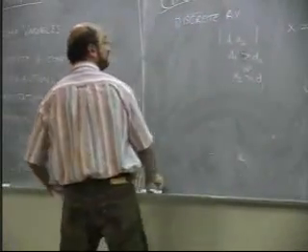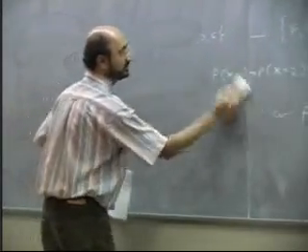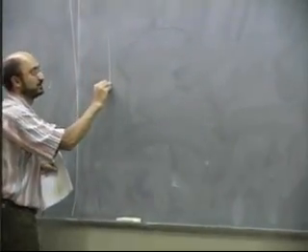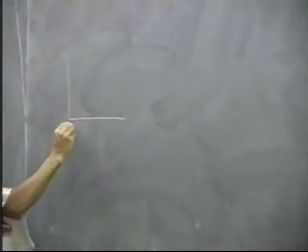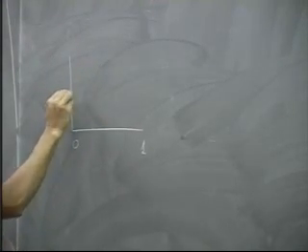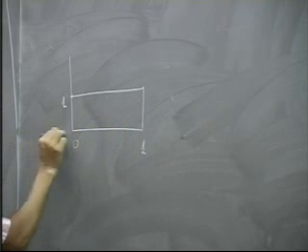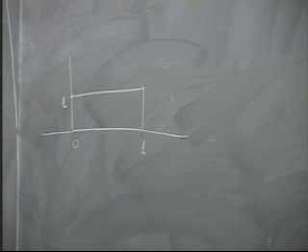Just to give you an example of this, we can take the following continuous random variable. It's defined on the domain 0 to 1, and the value is 1 over this whole interval, and then it's 0 elsewhere. So what is the area under this curve? The area under this curve is 1, because it's a unit square.